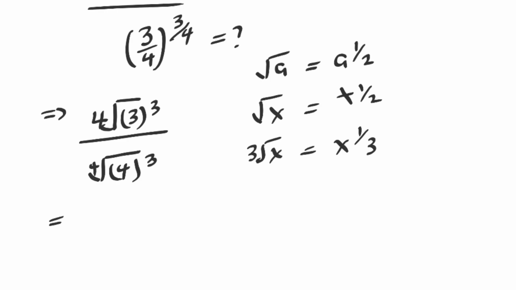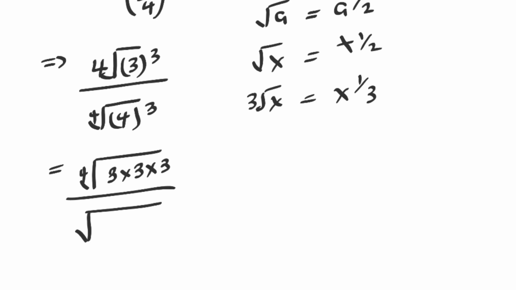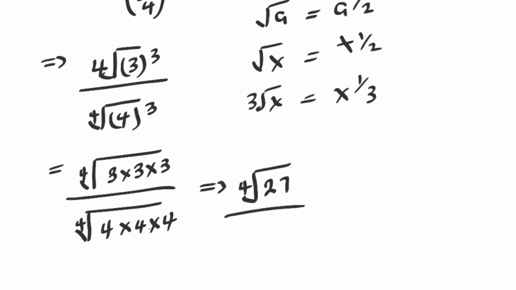Then this is equal to the fourth root of 3 times 3 times 3, over the fourth root of 4 times 4 times 4. This is 3 times 3 times 3, that is 27, the fourth root of 27, over 4 times 4 times 4, that is 64, the fourth root of 64.